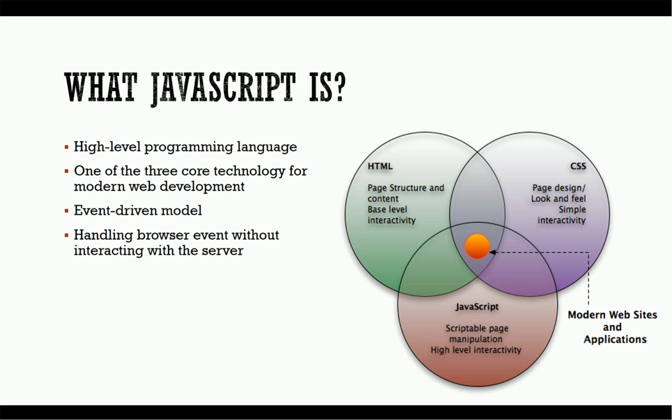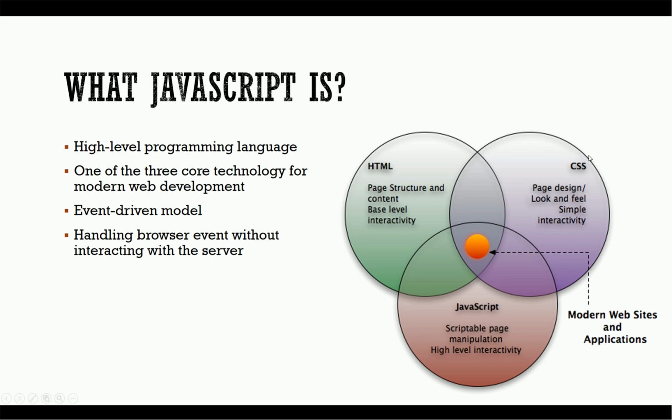JavaScript, as you can see, is also a high-level programming language like Java, C Sharp, or Python, or other kinds of programming languages. And it is also seen as one of the three main pillars of modern web technologies. We have HTML, which provides the basic page structure and content, and gives the base level of interaction for the web.